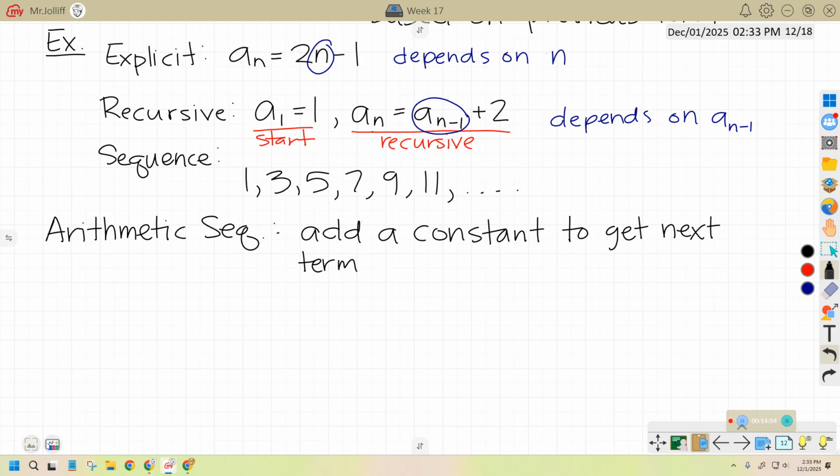And if we're looking at a function like y equals 2x minus 1, and we were to graph it, what kind of shape would we get? Linear. It graphs a straight line. Intercept of -1, slope of 2. Yeah, arithmetic sequences make linear graphs.